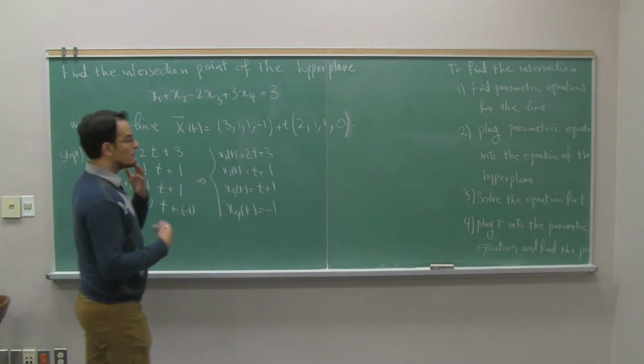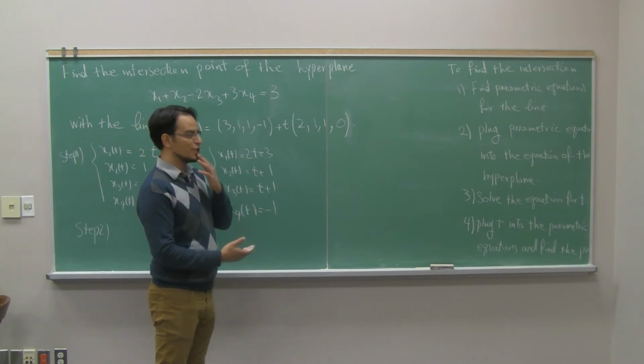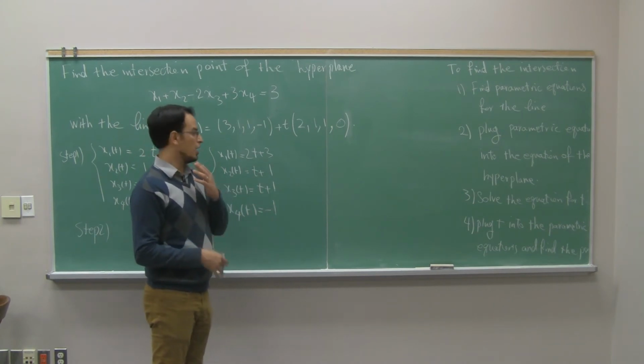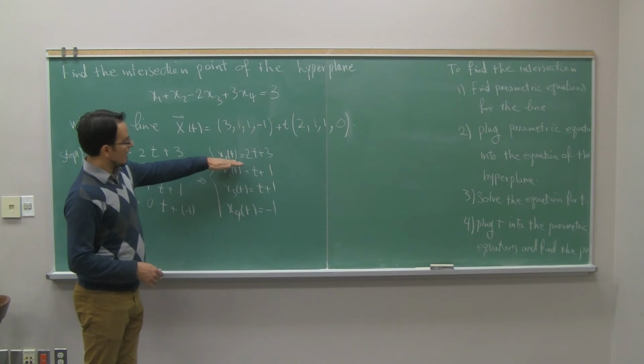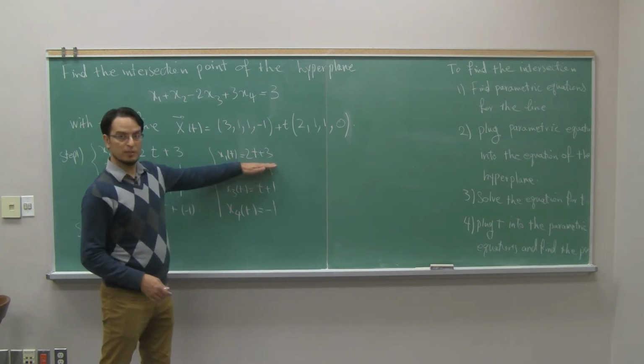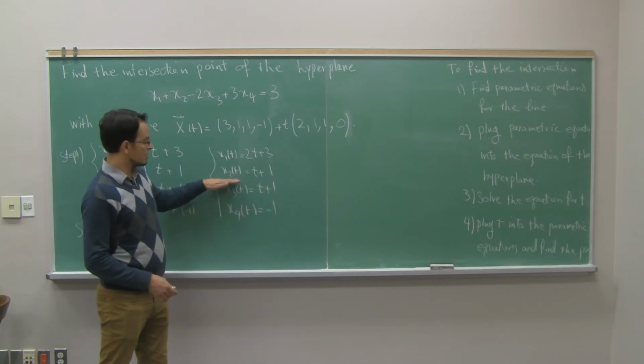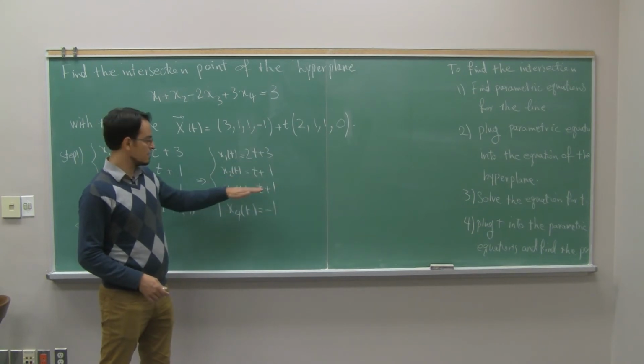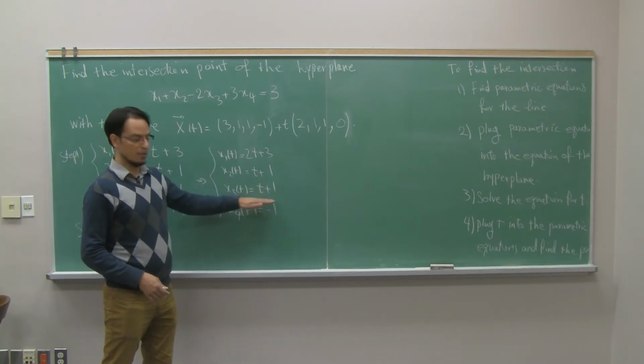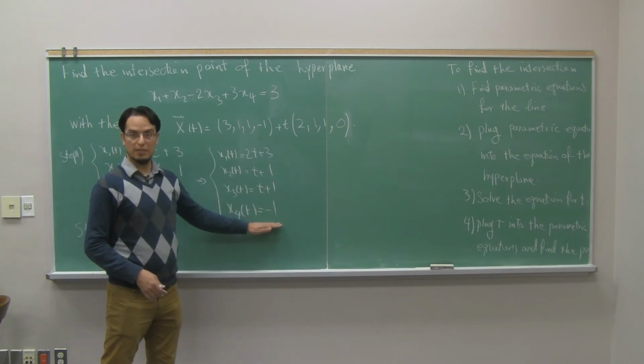It says plug parametric equations into the equation of the hyperplane. What does it mean? I have x1 in terms of t written by this parametric equation, x2 in terms of t by this, x3 in terms of t by this, and x4 by this.